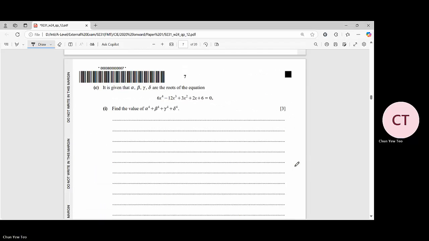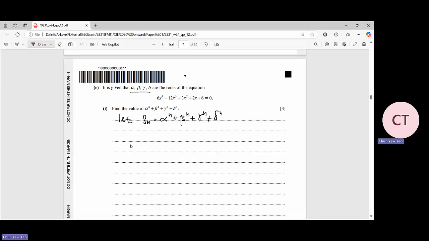For part C, they are giving you that alpha, beta, gamma, delta fulfill these equations. They are the roots of these equations. Now we want to find alpha to the power 4, beta to the power 4, gamma to the power 4, and delta to the power 4. Usually I will let S_n equal alpha to the power n plus beta to the power n plus gamma to the power n plus delta to the power n.